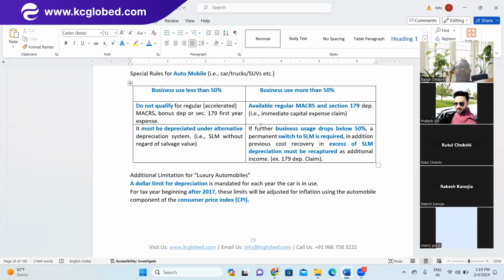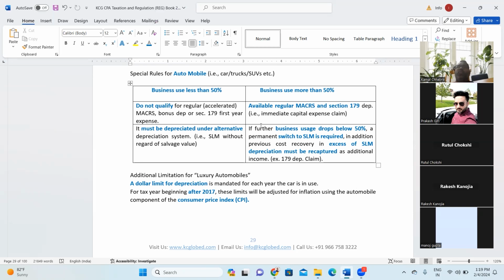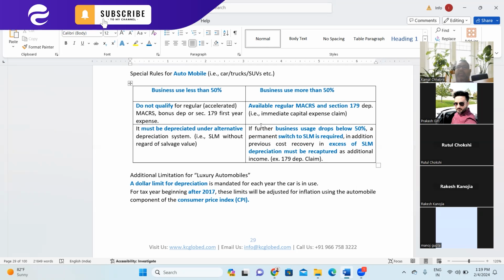On the left hand side, if you see, it must be depreciated under the alternative depreciation system. If the asset which you are transferring to the business is used less than 50% for business purpose, then from that particular year onward, mark this, that particular year onward, the depreciation will be charged under the alternative depreciation method, but not under MACRS. On the right hand side, if business usage drops below 50%, a permanent switch to SLM is required.